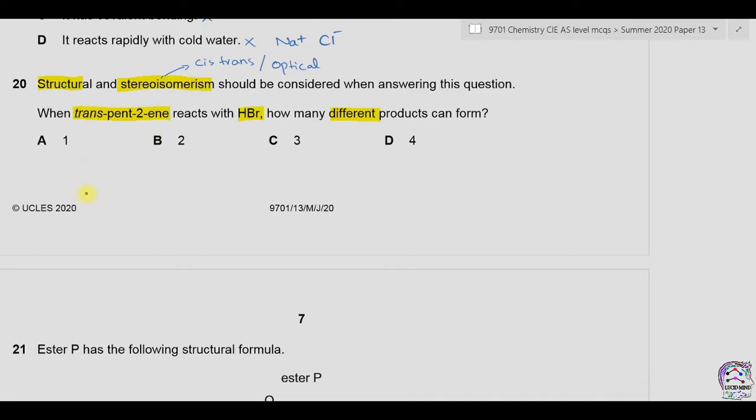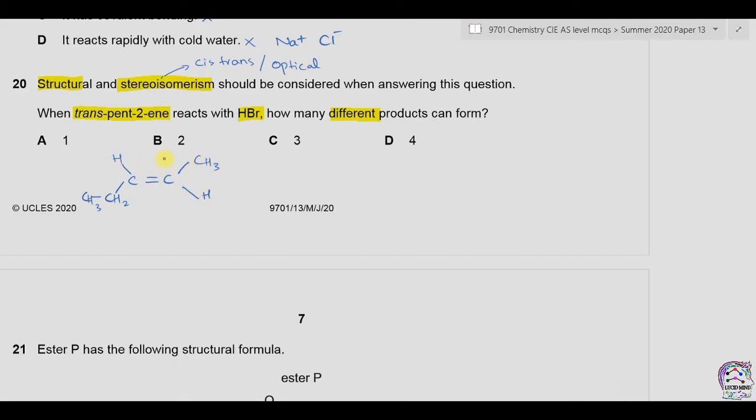Let's draw the structural formula of trans-pentene. We have 1, 2, 3, 4, 5 carbon atoms, and we have hydrogen atoms. This is trans-pentene because you can see that the similar hydrogen atoms are on opposite sides.